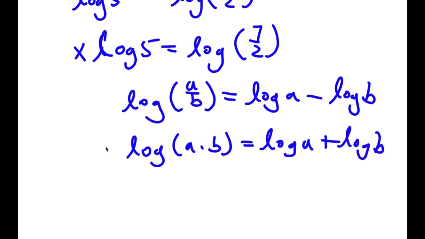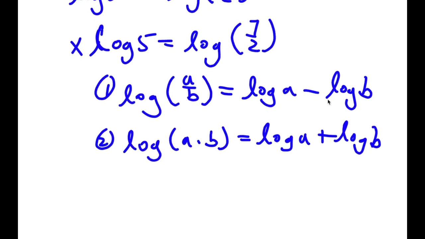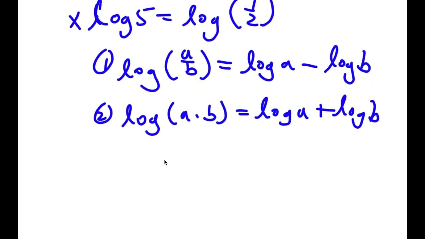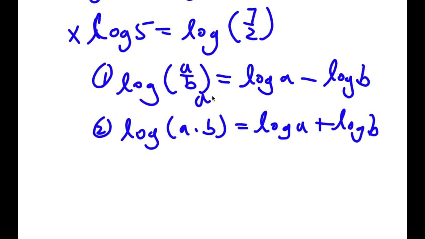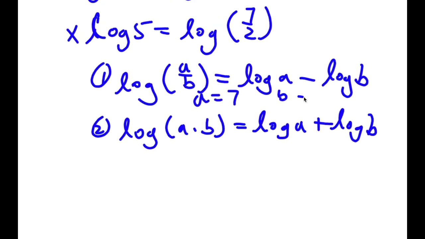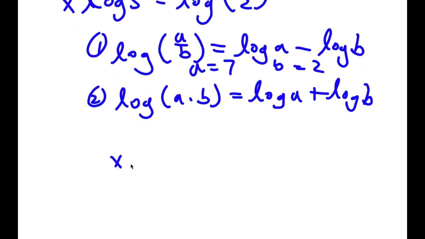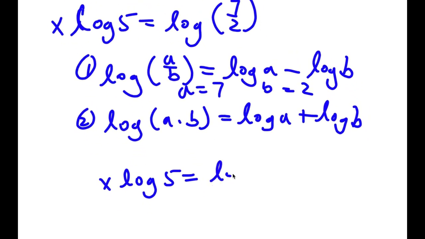So in this case, we aren't going to use the second property. We are going to only use the first property, which is log a minus log b. So in this case, a would equal 7 and b would equal 2. So now I have x times log 5 is equal to log 7 minus log 2.